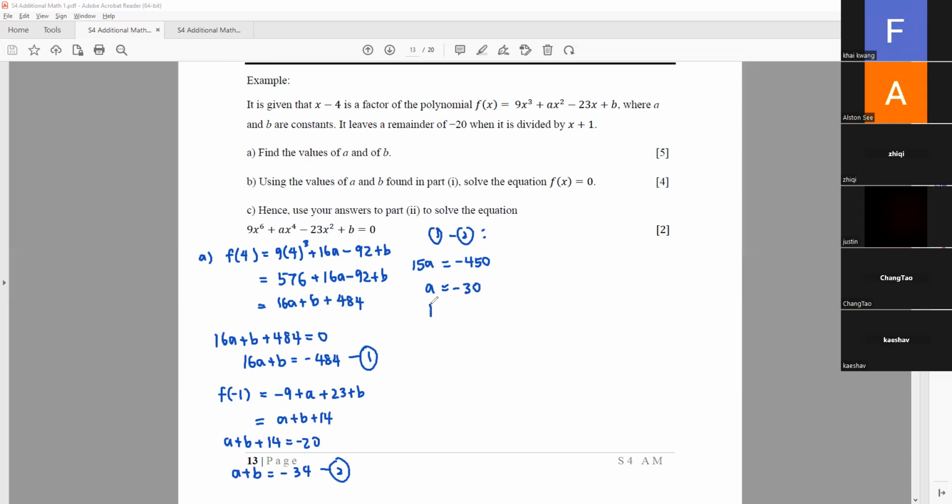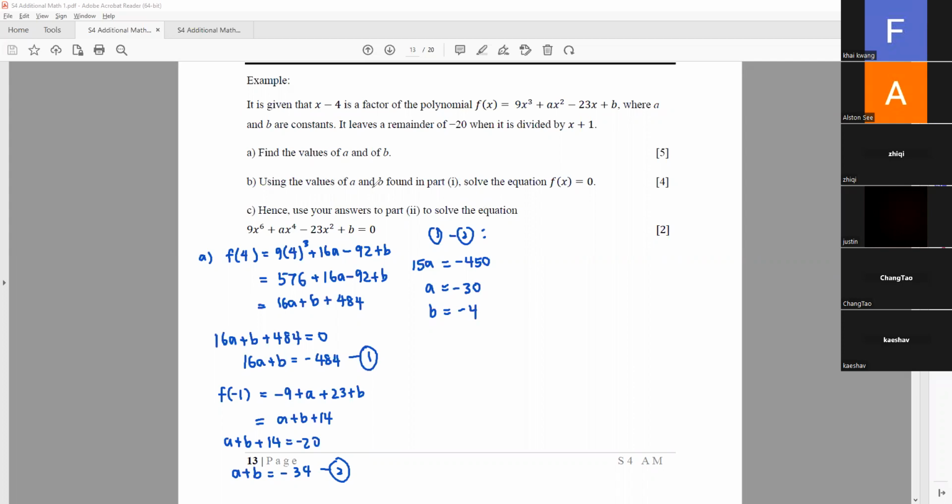And b will be equal to negative 4. Okay. So you can see over here, they don't really test you much on simultaneous equations. I don't really need to use substitution to do it. Actually, elimination is a lot faster.